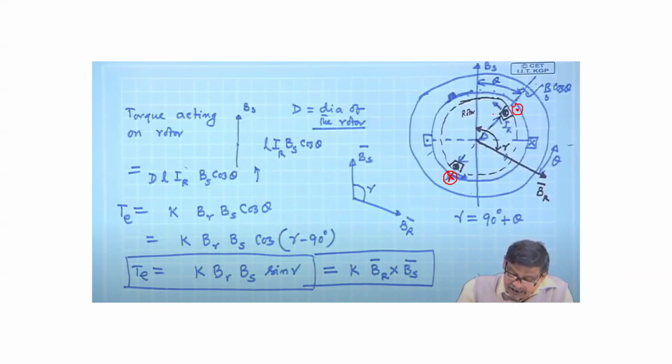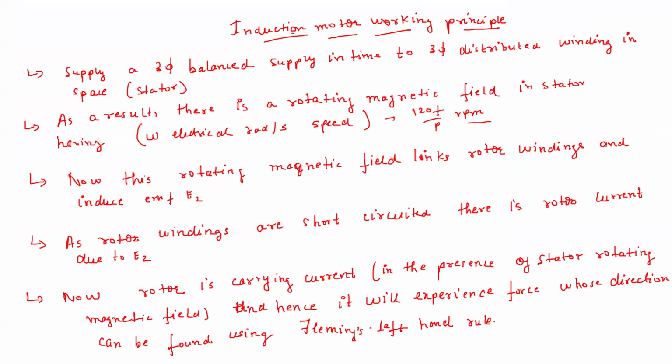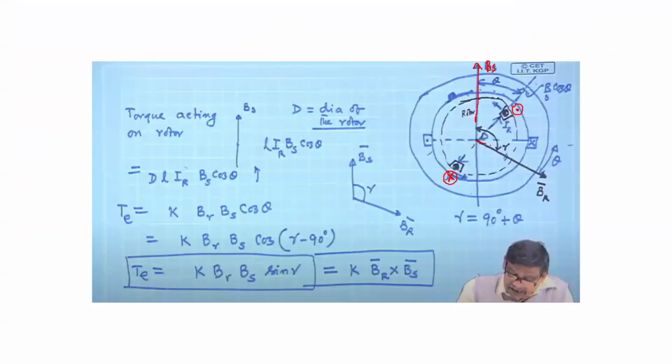Now let us say that this is the stator mmf BS, and because in the rotor also, if you have three distributed windings, there will be a rotating mmf BR in the rotor also. So let us say this BR is here.